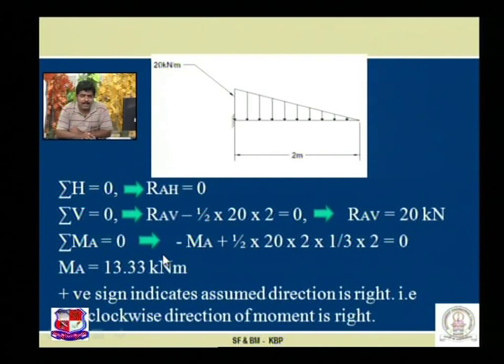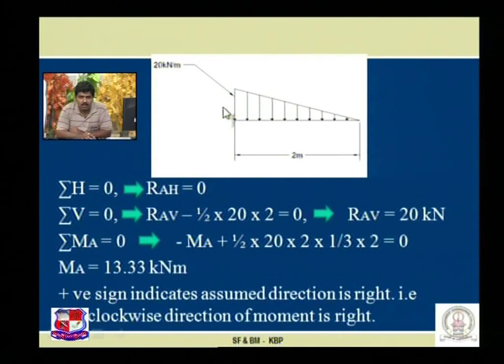Next, sigma MA is equal to 0. This means the summation of all the moments of the forces acting over here is treated as 0. Assuming the sign convention of moment at A as anti-clockwise, so minus MA plus the triangular load, the area of the triangle, half into 20 into 2, into the distance of the CG.